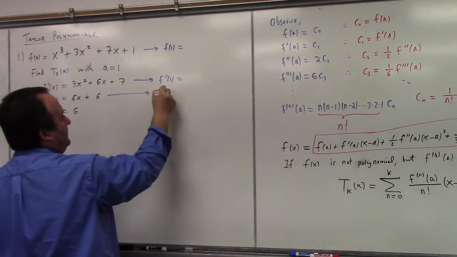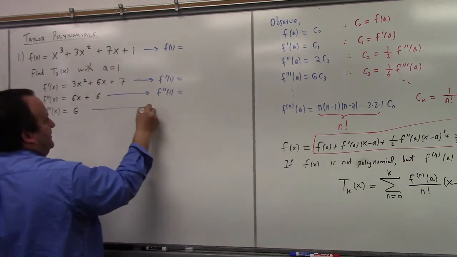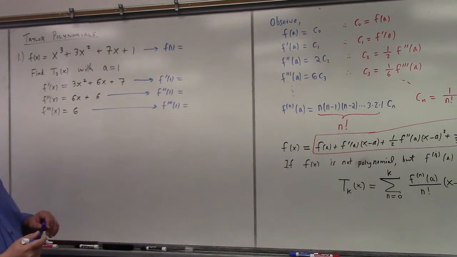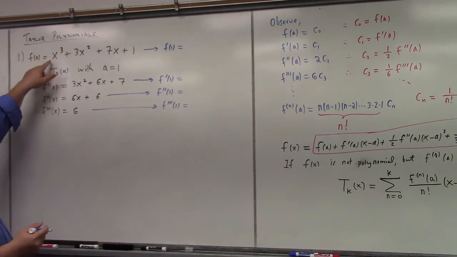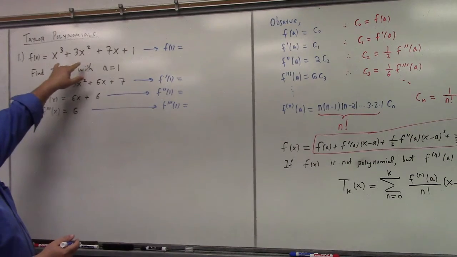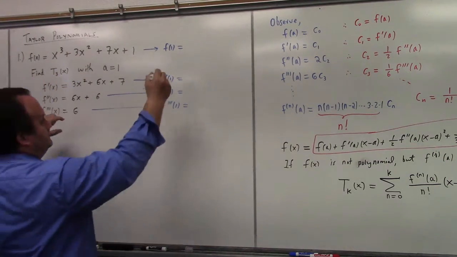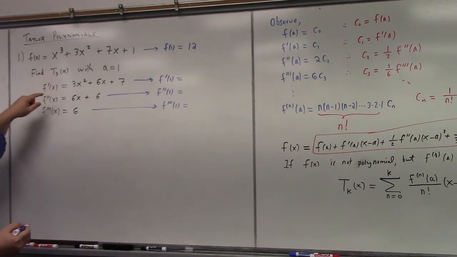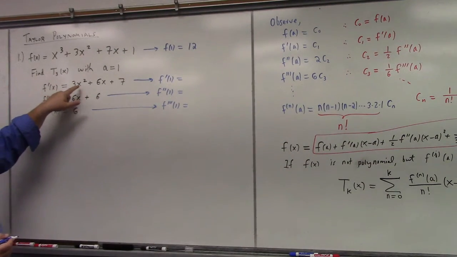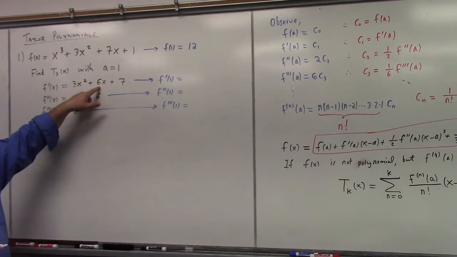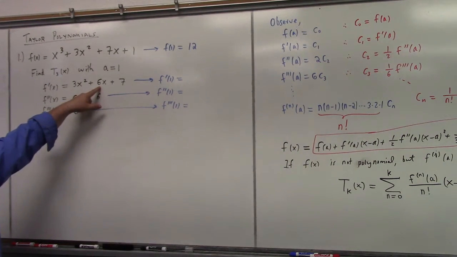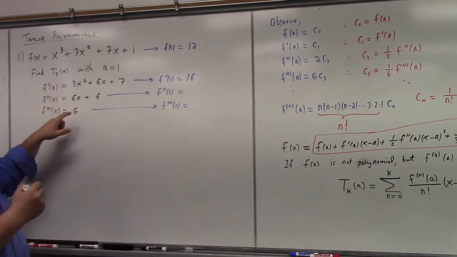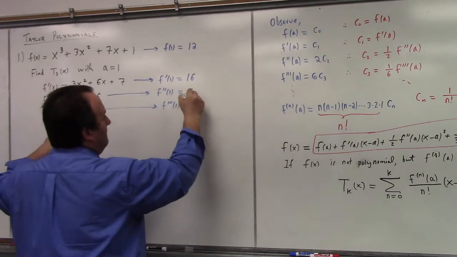What's f prime prime of 1 equal to? And what's f prime prime prime of 1 equal to? So 12? What's f prime of 1 equal to? 16, right? I got 12, yeah.